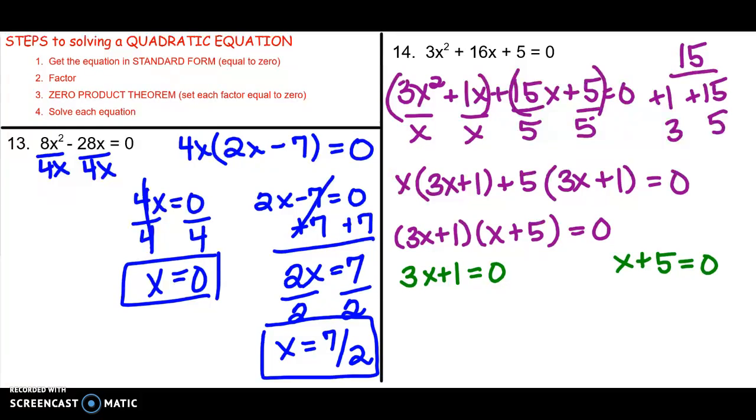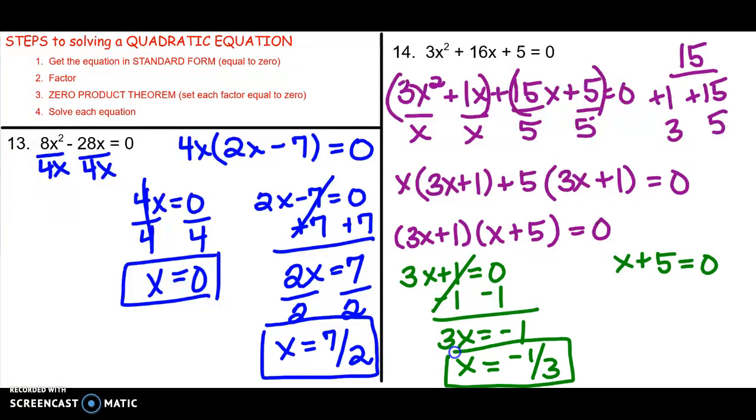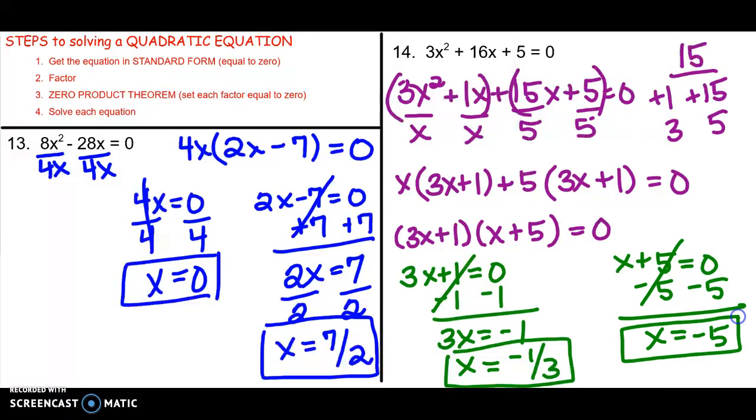All right, to solve this first equation, we're going to subtract 1 on both sides. And I have 3x equals -1. And then I'll divide both sides by 3, and I'm left with -1/3 for my first solution. On the second equation, this one's easier. We just subtract 5 on both sides, and our solution is x equals -5.